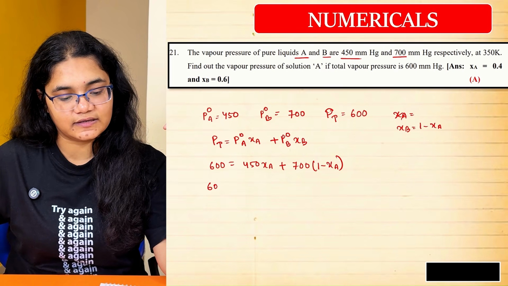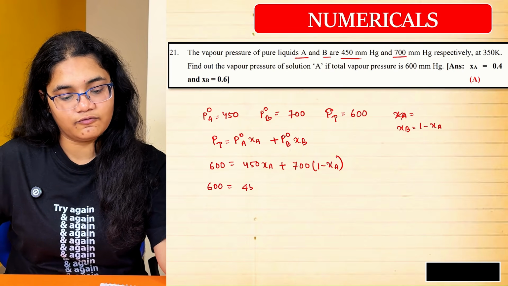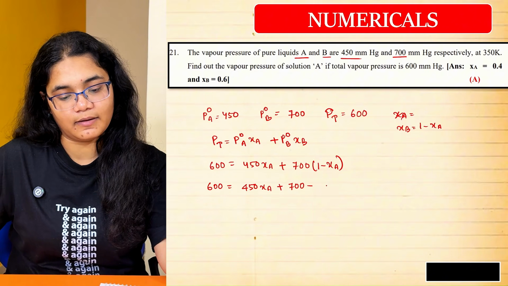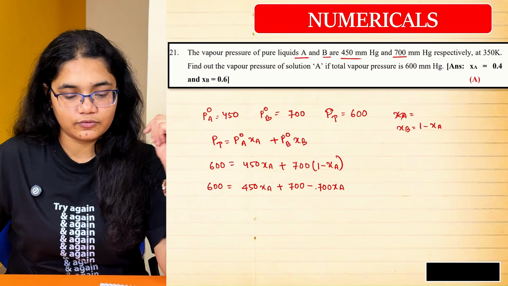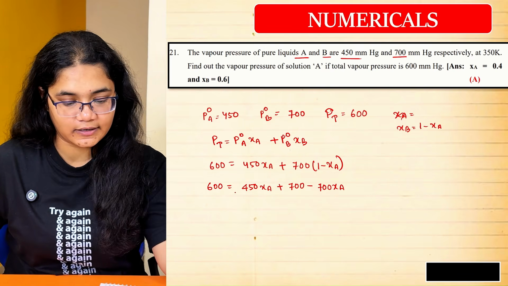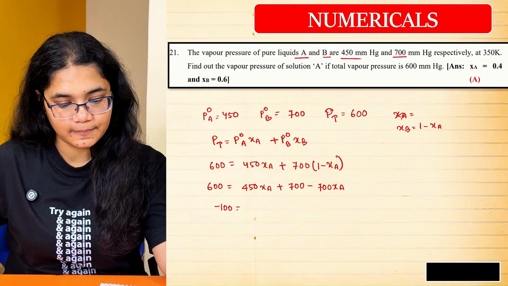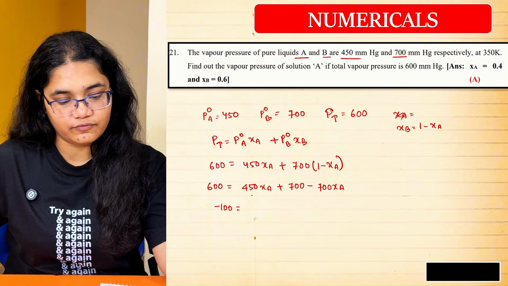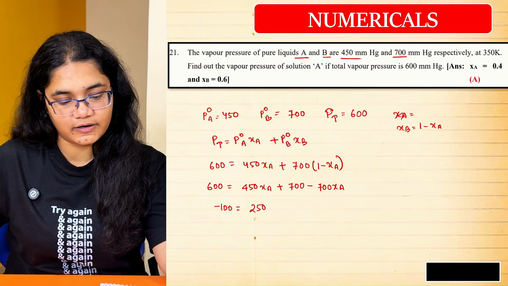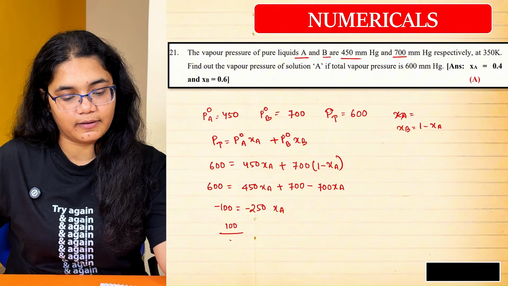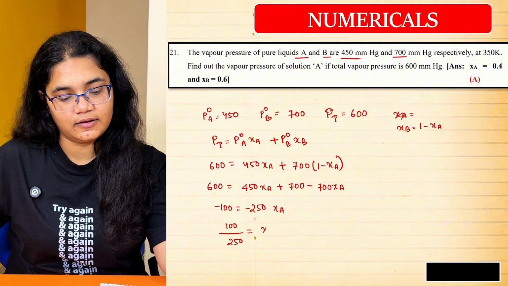So that will give me 600 is equal to 450 XA plus 700 minus 700 XA. Now if you solve this, you will get 600 minus 700 is equal to, I think 250, I'll get 250 XA, and that will give me 100 by 250 XA.